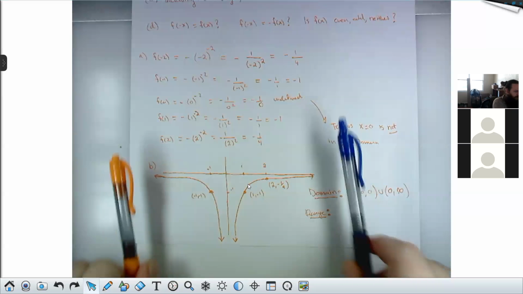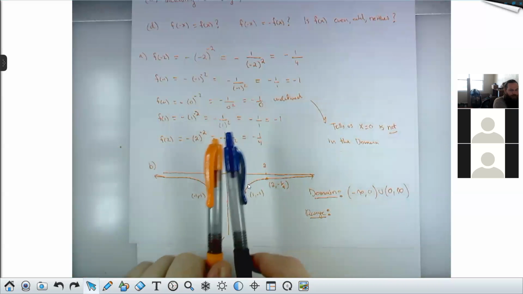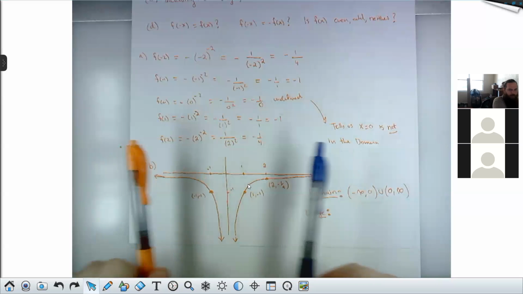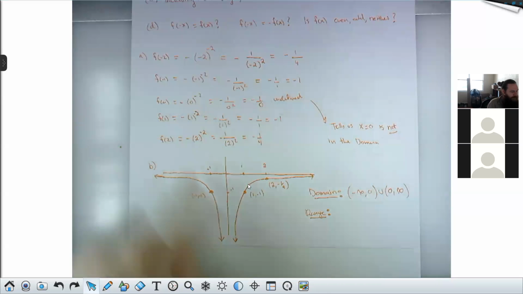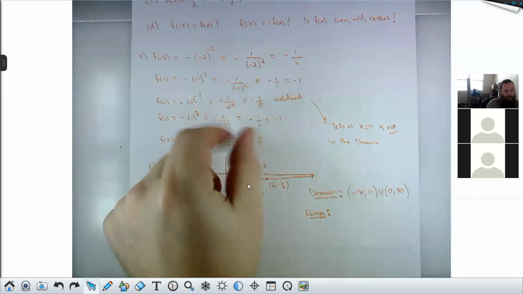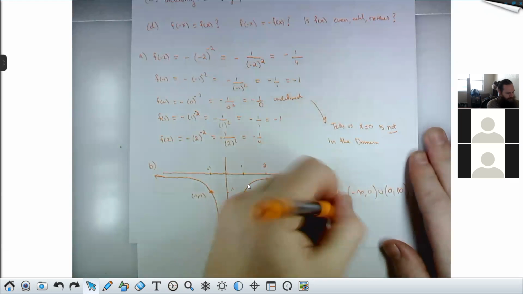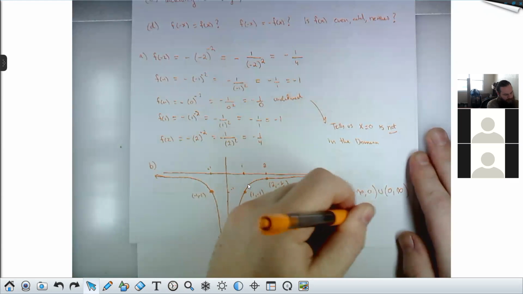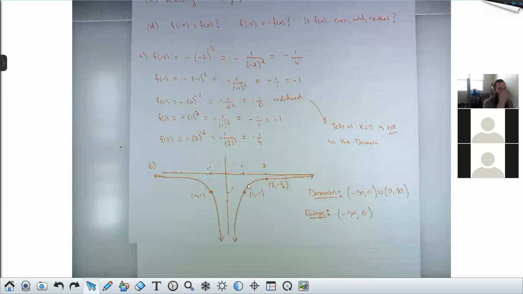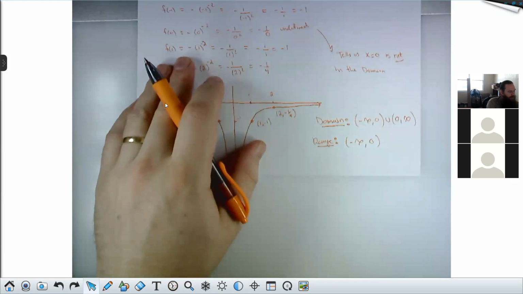Yeah, if I smoosh this graph down onto the y-axis, like horizontally like this, there is no graph up here. There's nothing that's going to hit any of the positive numbers, but all the negative numbers get hit. This is -infinity up to, but not including 0. Very good. Okay, so these are our domain and range. We want to answer, where is this function increasing and where is this function decreasing?